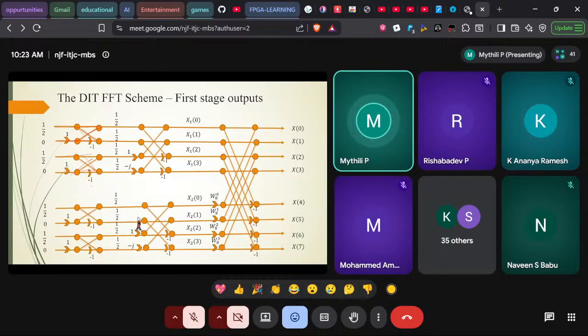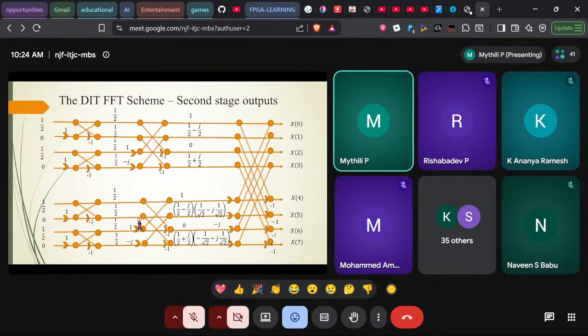In the next stage, before doing the addition and subtraction, you need to multiply this with 1 and this with minus j. Okay, so what will be the value here? Half plus half, which will be 1. Here it is half into minus j by 2. Okay, half minus j by 2.